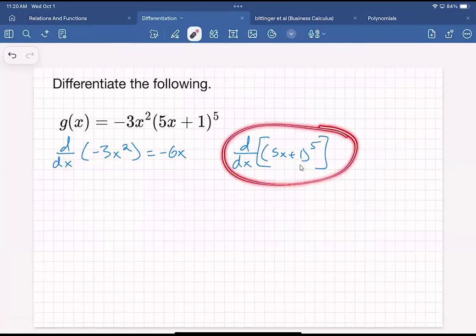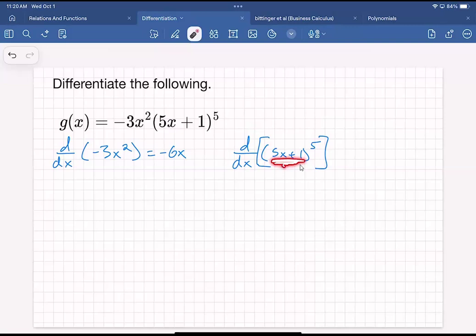Over here, though, this is where we have to be careful. Specifically, the fact is what's inside. There's a 5x in there, okay? If it would have been just x plus 1, technically we can get away with not doing the chain rule, but it's always good to realize it's not just x to the 5th. I have 5x plus 1 to the 5th.